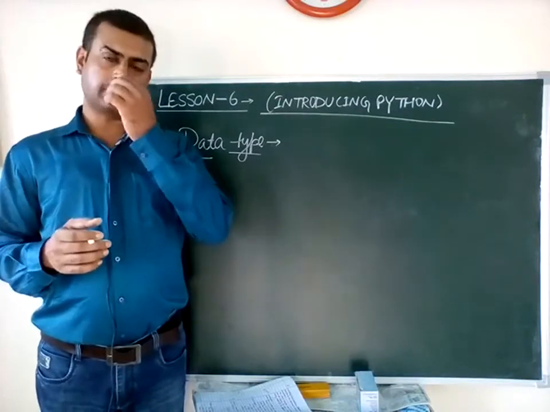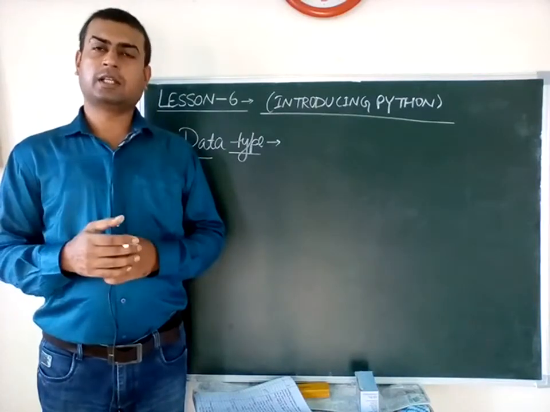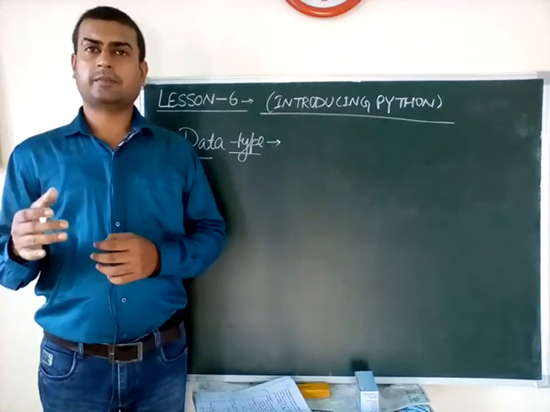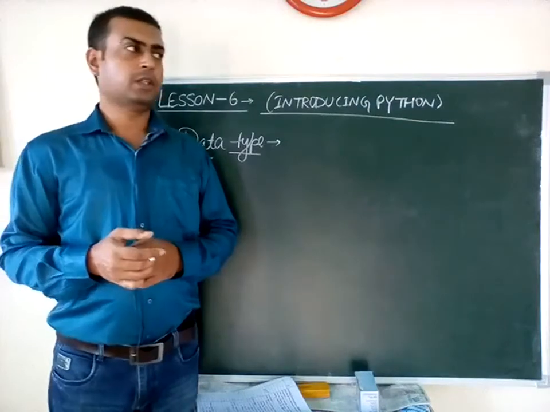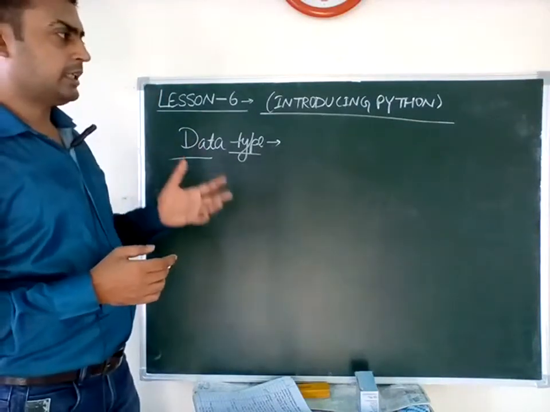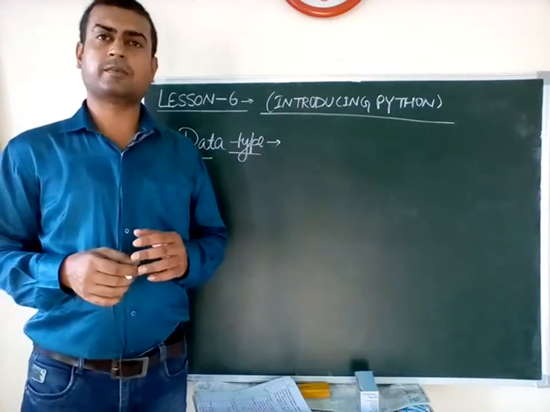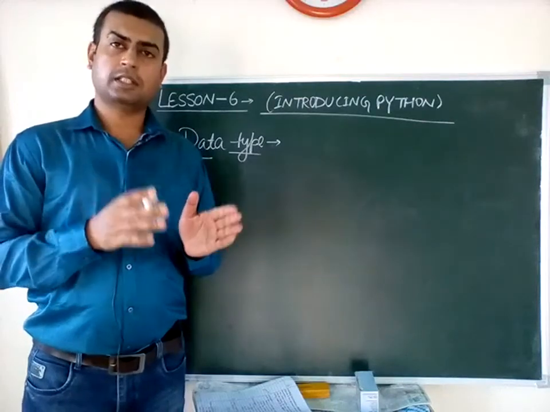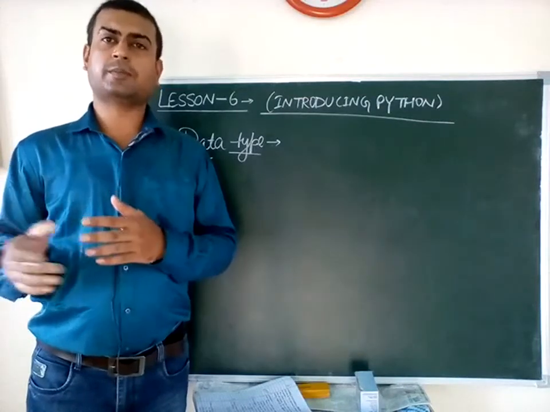So according to our need, we will use the data types, and it will be stored in the Python programming system. Every data type has its own range, meaning all the data types have different properties.